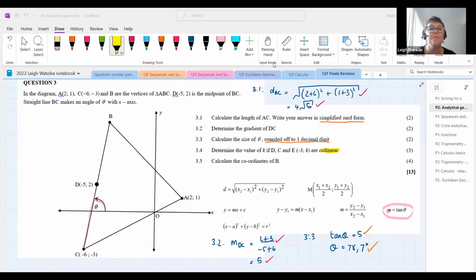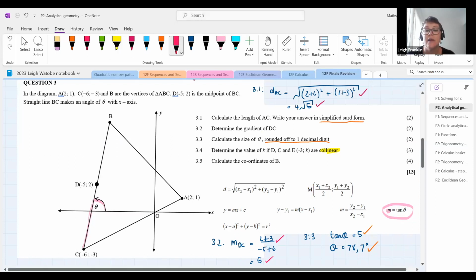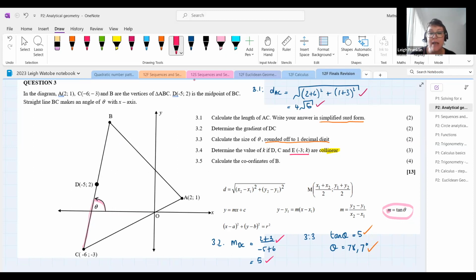All right, so if the coordinates at point E are -3 and K, and DC and E are collinear points, then what it means is that E has to lie somewhere on this line as well. So maybe somewhere up here.